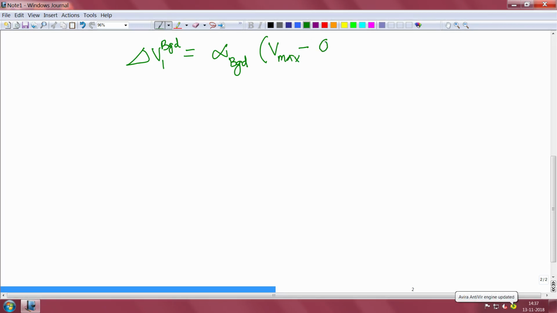So, I am just going to write it in short as 0, which essentially means alpha BGD times V max. So, at the end of the first exposure, if you look at the change in response for the background and the change in response for the tone, they are differing only by the amount of associatability, that is the alpha value, the coefficient of association, however much they are different, that much they are different.